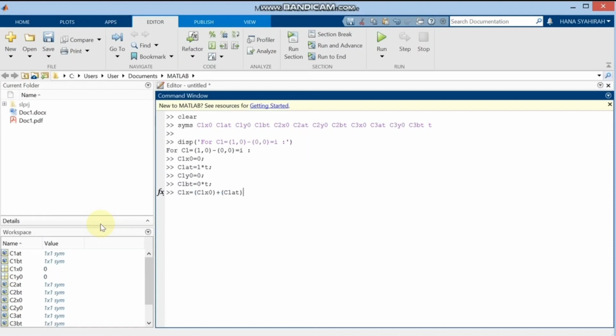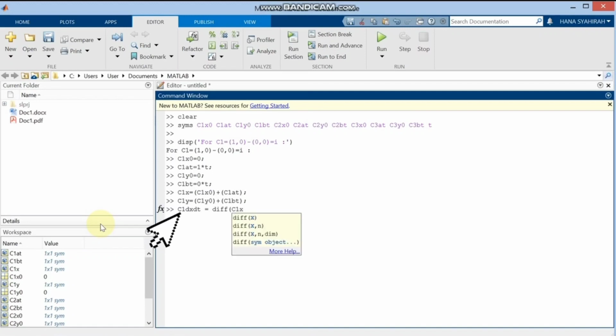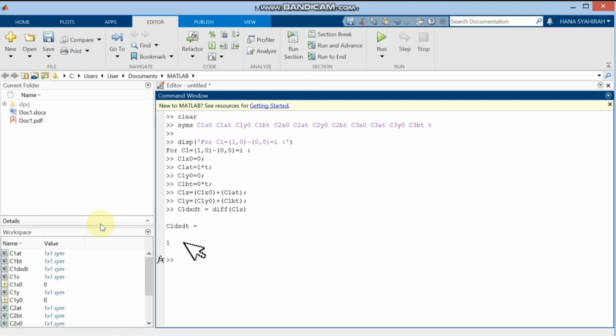Then this is the coding to find C1. We put C1 dx over dt equal to differentiate C1x, and we got the answer 1. After that, for C1 dy over dt, we differentiate C1y, and we got the answer 0.